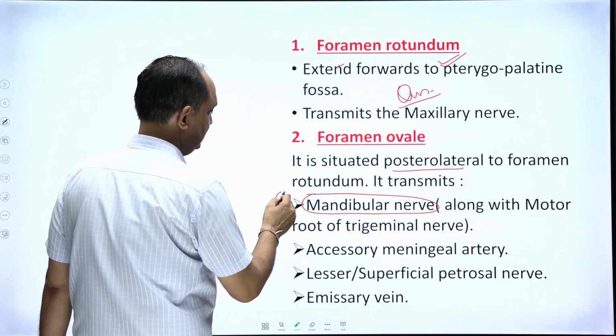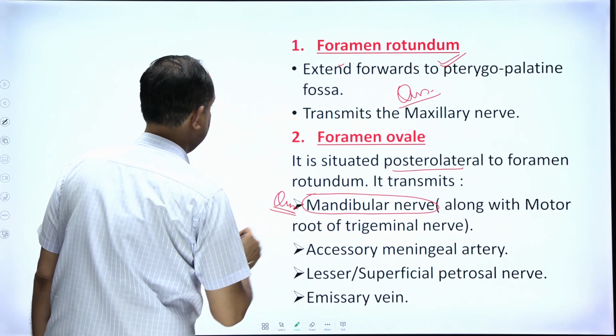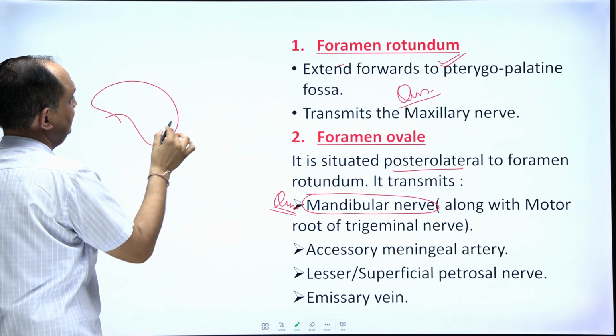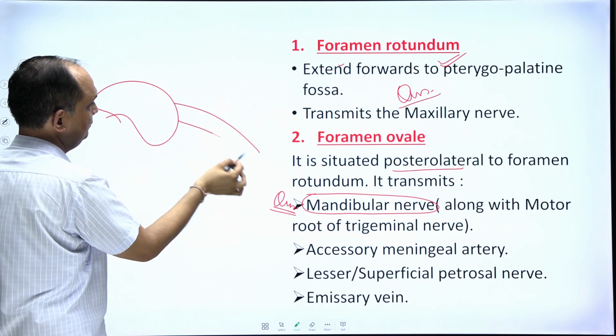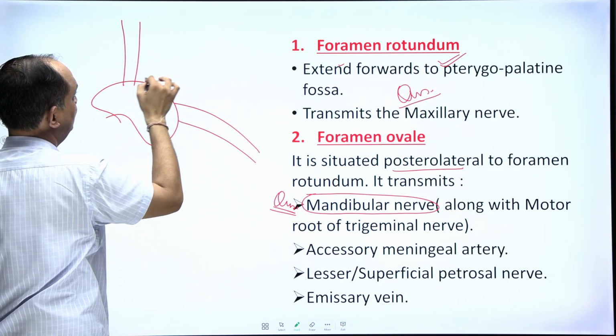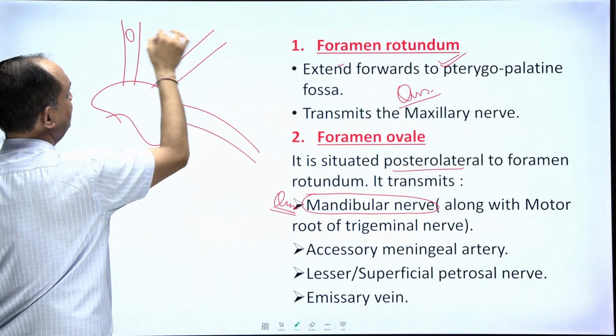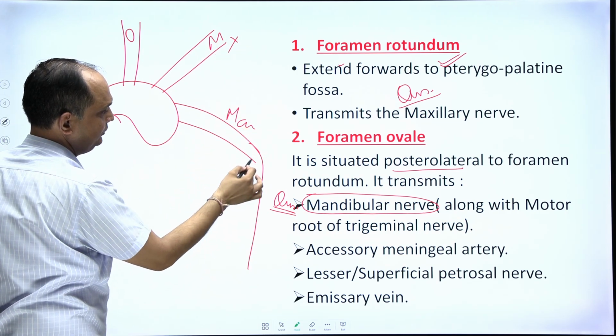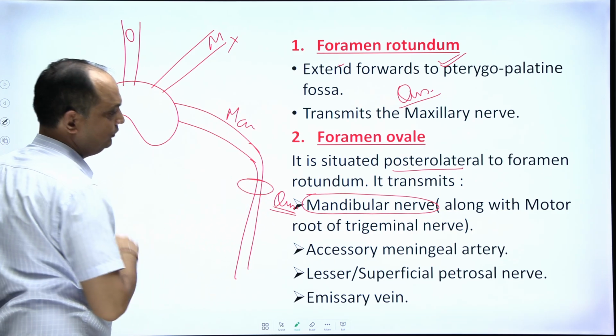But dear students, here you have to understand that this is your trigeminal ganglion. This trigeminal ganglion is giving the mandibular nerve. Then there are 2 more divisions, ophthalmic and maxillary, and the mandibular. Now, this mandibular will come out from the foramen ovale.